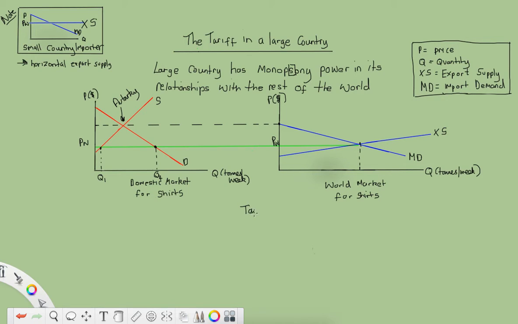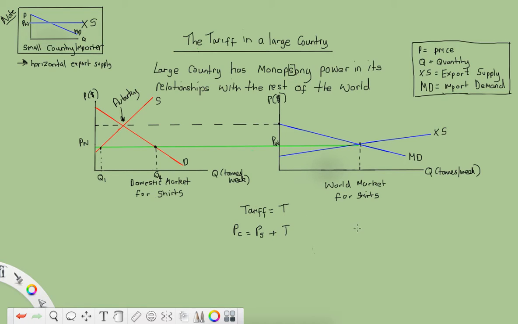So let's put a tariff on, and we'll say that the size of the tariff is just T. It's some dollar amount. We say in economics that tariffs drive a wedge between supply and demand price. So let's say this is the price the consumer pays. It will be equal to PS plus the tariff. The government wants to take its cut.